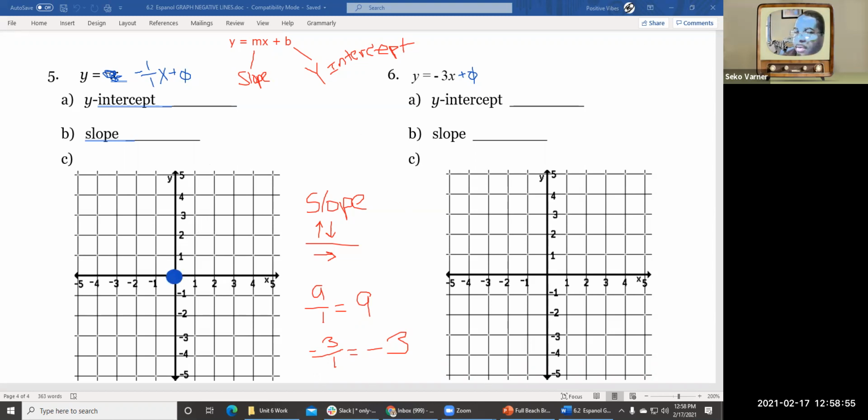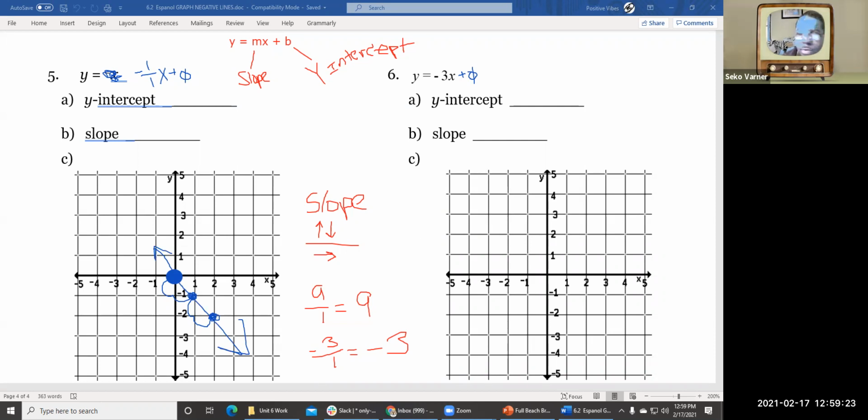All right. And so now it says that the slope is -1, okay, so I go down 1, go to the right 1. So my next point is right here. I can do it again. Go down 1 to the right 1, right here. So draw my line and I'm good.